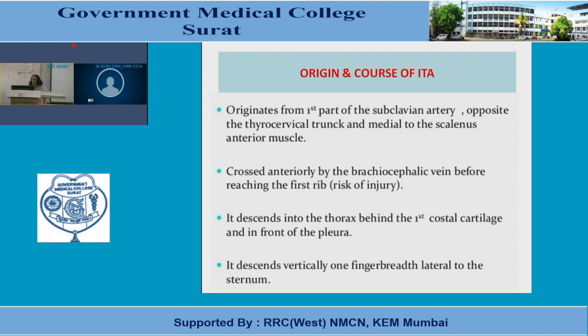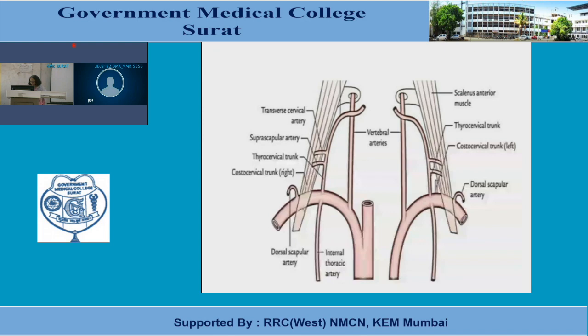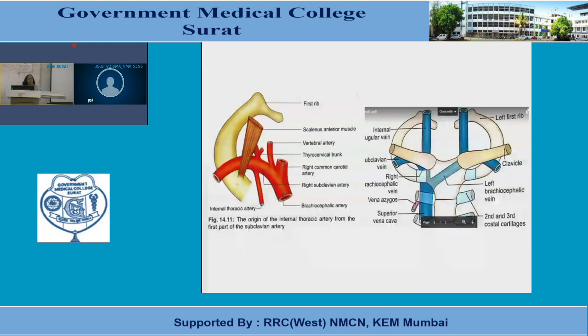Now, how is the subclavian artery divisible into three parts? The diagram here on the left side shows the right subclavian artery. You can visualize it in the given diagram. In front of the subclavian artery, the scalenus anterior muscle is there.